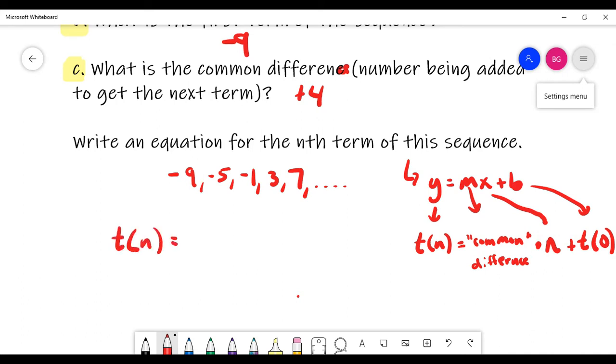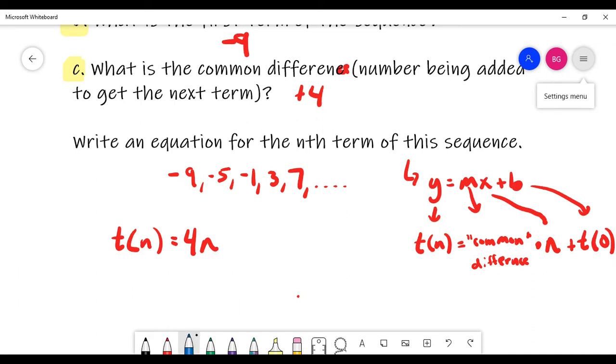Instead of a y, we say t of n, which is the function notation we've used. Then we say equals our common difference, which we found before was +4. So 4 times n. We don't know what term number we want, so we just leave n in there, plus t of 0. That's what we have to find now.